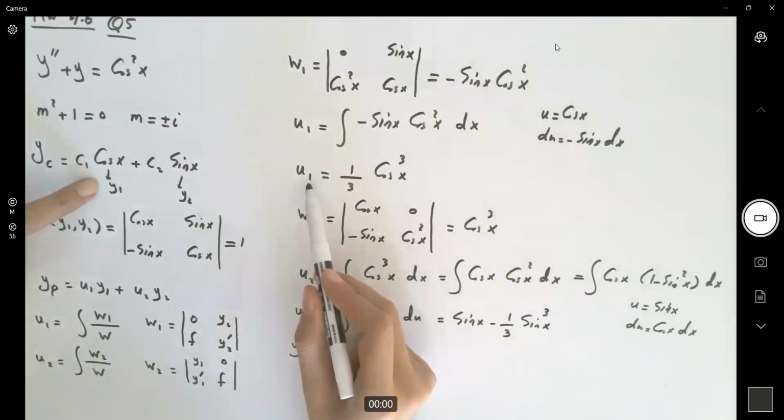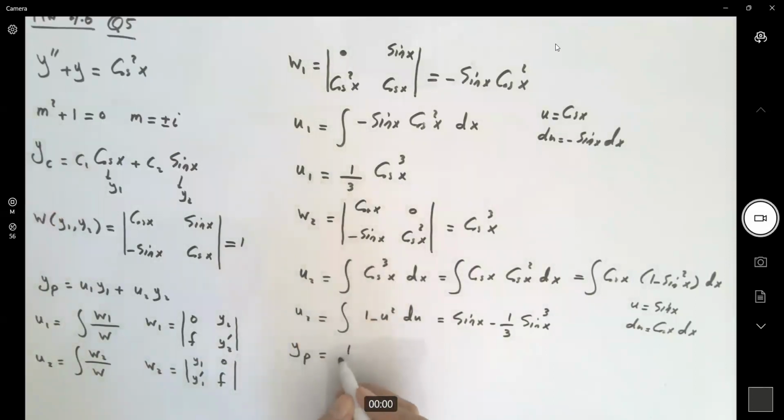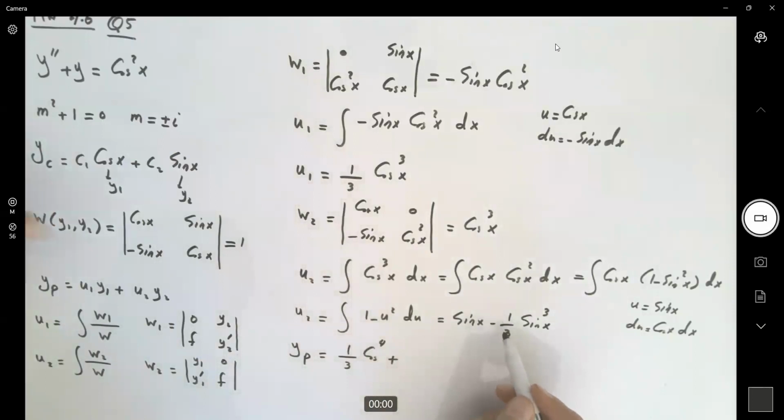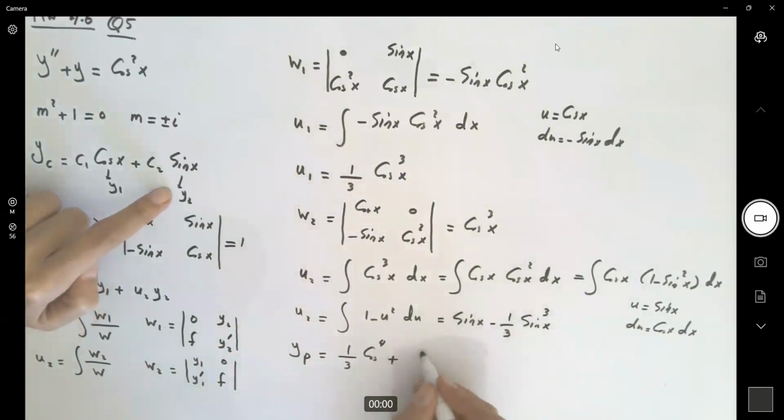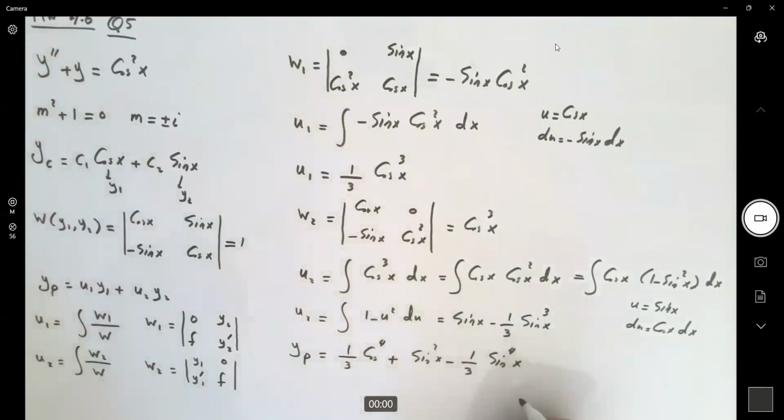So yp becomes u1 y1. You get a third cosine to the fourth plus u2 y2, sine squared of x minus a third sine to the fourth of x.